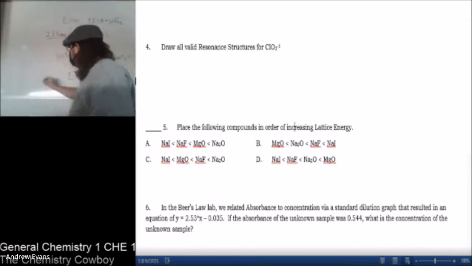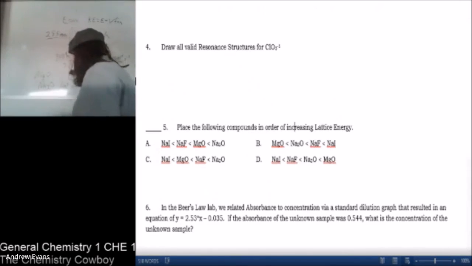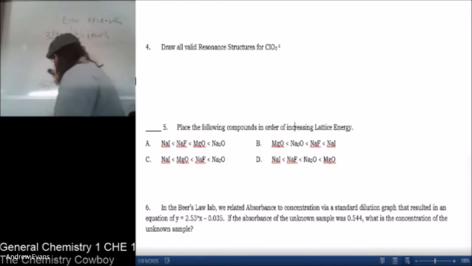For the lattice energy, there's two factors. There's size, and there's charge. Those are going to be the 2 most important things. Size and charge. Charge always takes precedence.